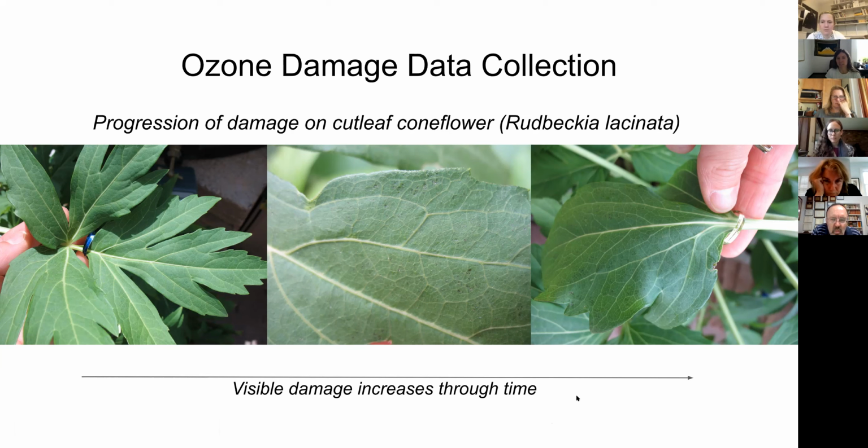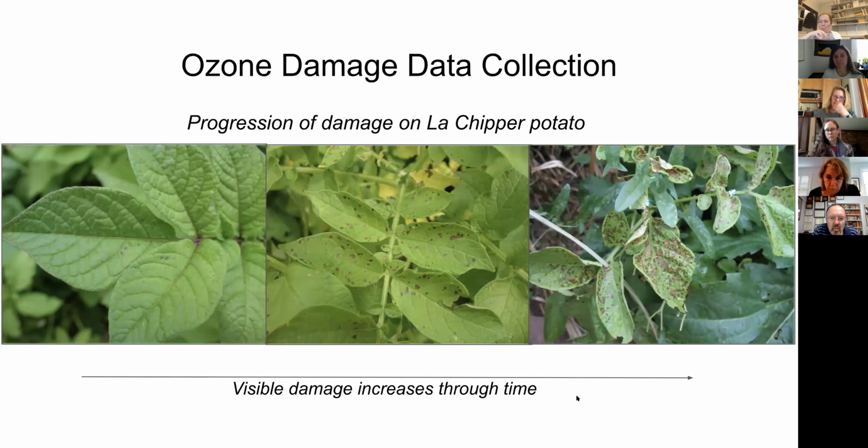But the damage actually looks quite different on a different species of plant. In the gardens that we have here in Boulder, we have cutleaf coneflower and milkweed, and the damage looks like this. And then we have the chipper potato and the snap bean, and the damage looks a little bit different on these kinds of plants.